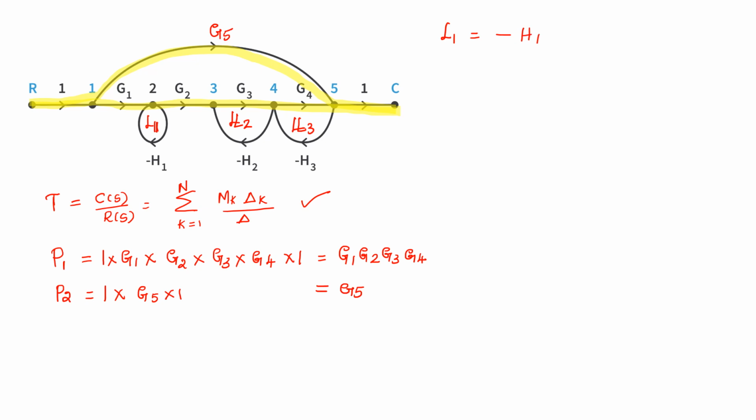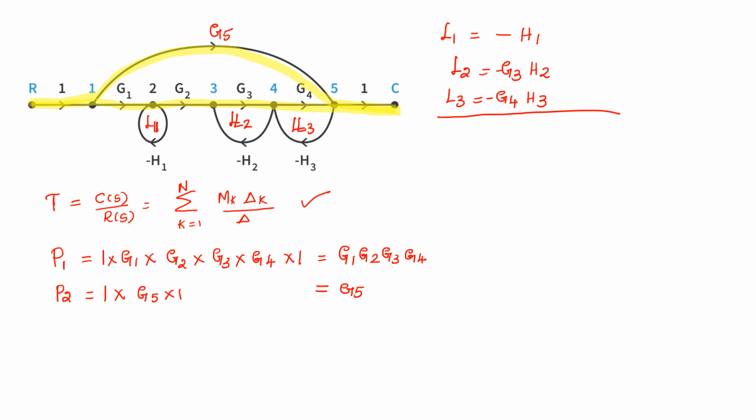Minus H1. And loop 2 is G3 into minus H2. Loop number 3 is equal to G4 into minus H3, so minus G4 H3. So all the loops are over.